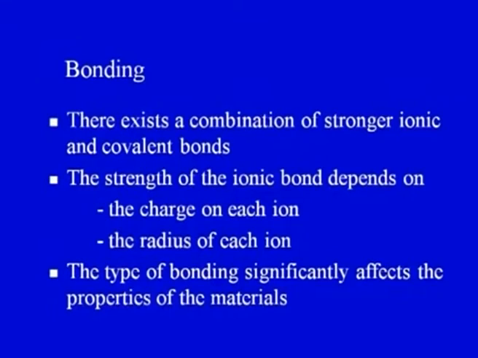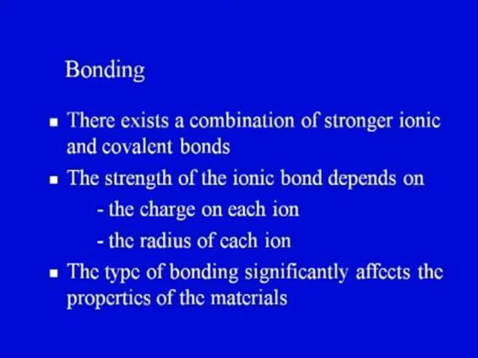Metallic bonding is weaker than the ionic and the covalent bonding. Ceramics have ionic and covalent bonding, and therefore they are brittle in nature and cannot be plastically deformed. There exists a combination of strong ionic and covalent bonds in the ceramics, which has already been highlighted, and it has been related to the processing aspects also.